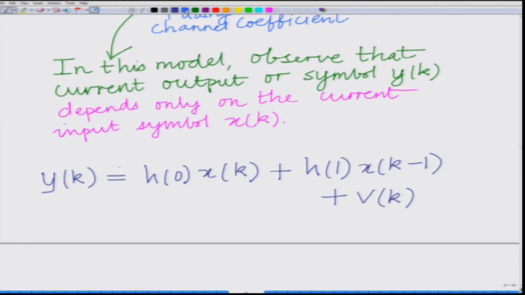If you look at this model, yk is again the current symbol at time k, and xk is the current input symbol, that is the transmitted symbol at time k.